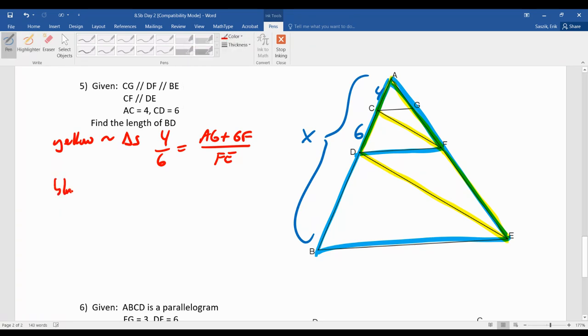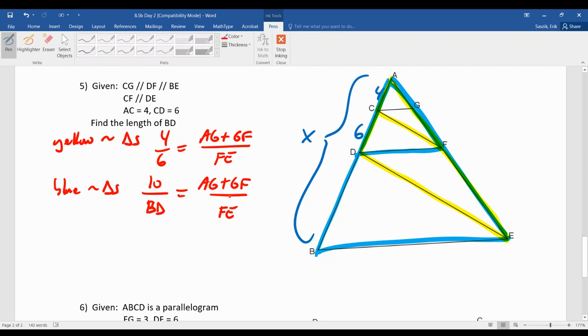So the blue similar triangles, again, we're going to do side splitter again. 10 is to BD as AG plus GF is to FE. That's kind of cool, right?